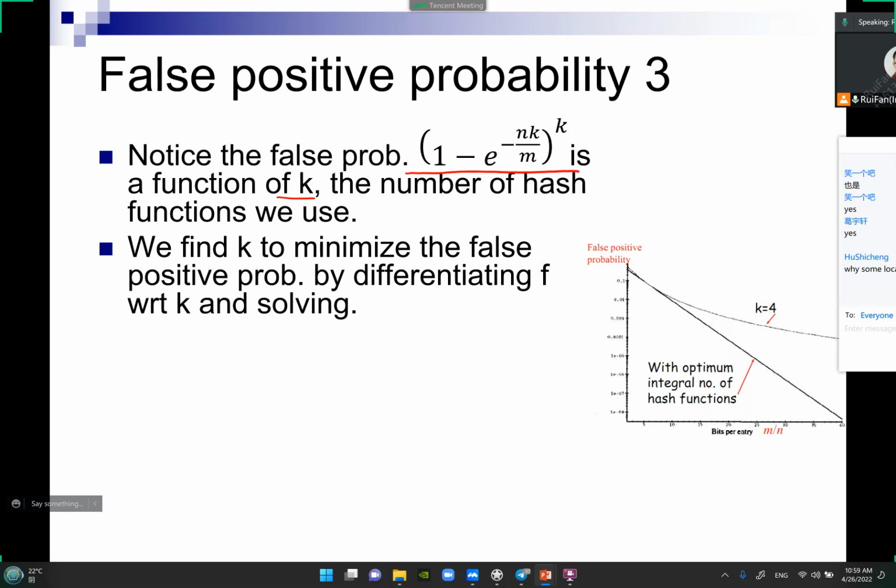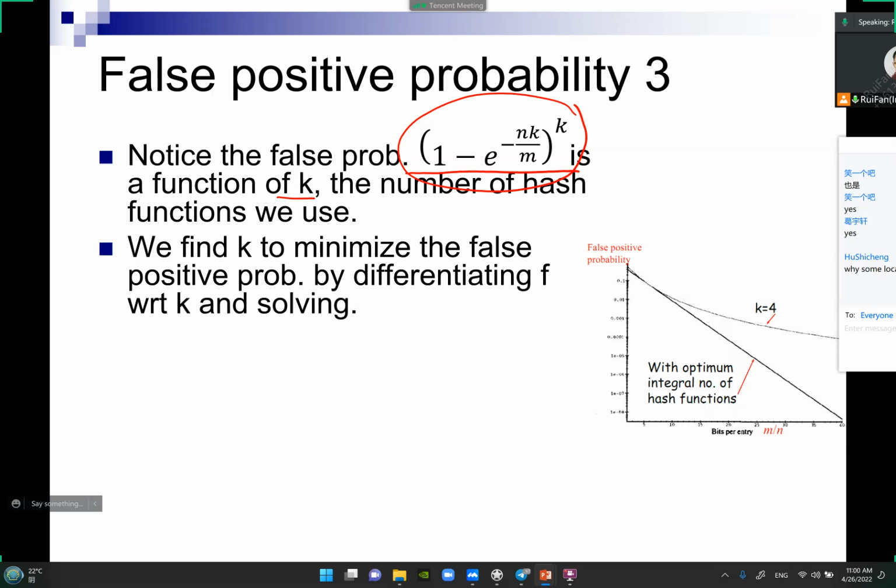And you're also going to decide that you're going to put some number of items into the hash table, so that's n. Once you fix n and m, the rest of this probability depends only on the number of hash functions that you use, that is, on k. And so you can choose an optimal k, which minimizes your false positive probability.